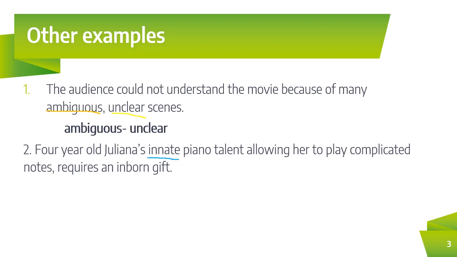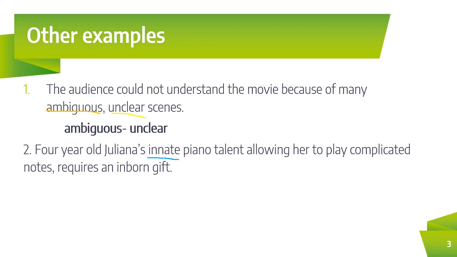Now, let's analyze the sentence. 4-year-old Juliana, so Juliana is 4 years old, so she has innate piano talent at such a young age. Because of her innate piano talent, this allows her to play complicated notes. So this innate piano talent requires an inborn gift.